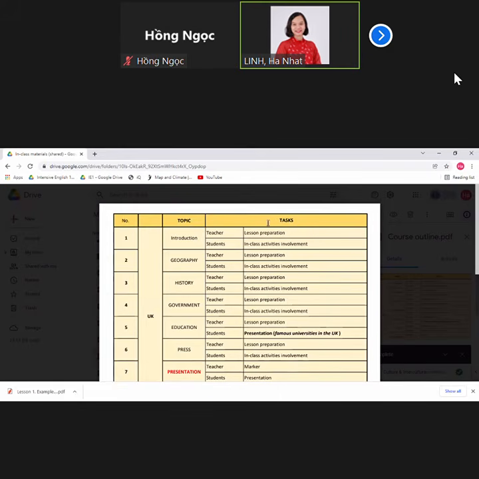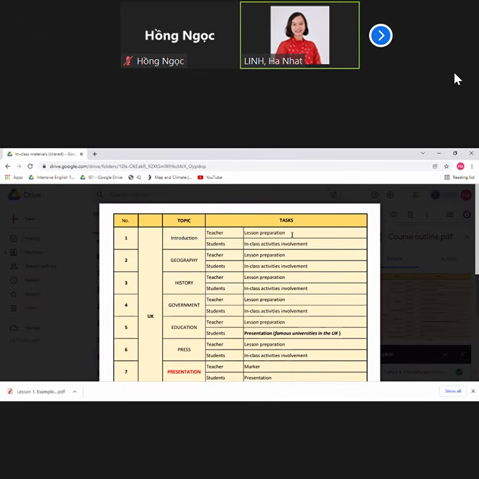Then look at the columns of tasks. You can see that there are teacher and student tasks. When you look at the tasks, you can see what you have to prepare before the class, understand? Let's take an example, the first lesson, introduction.